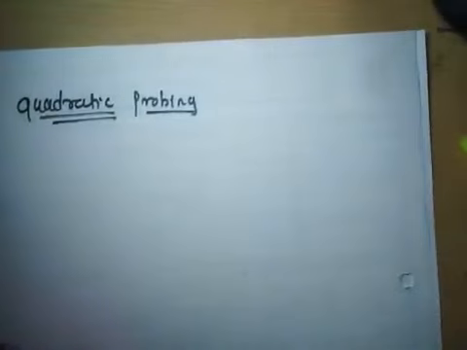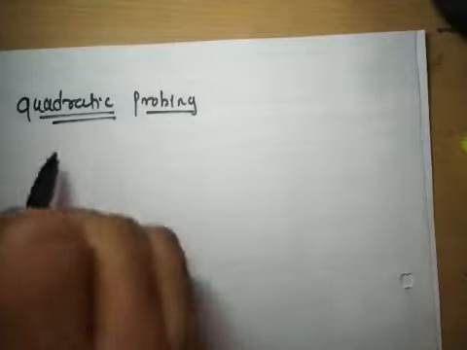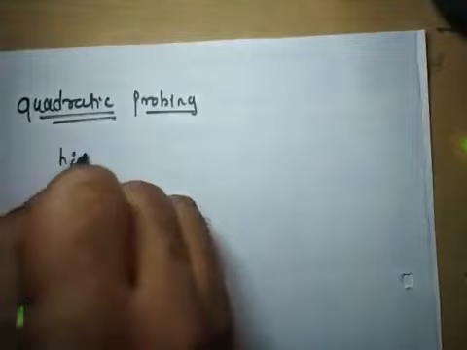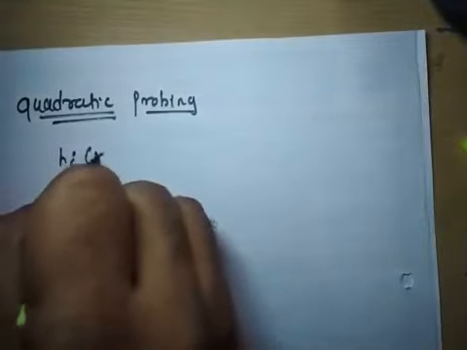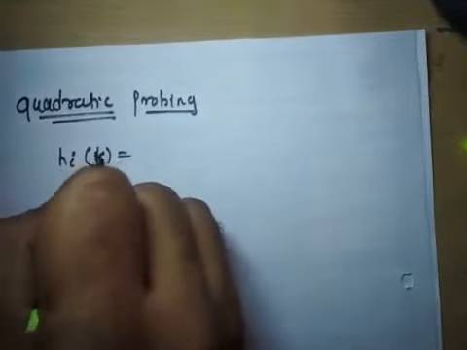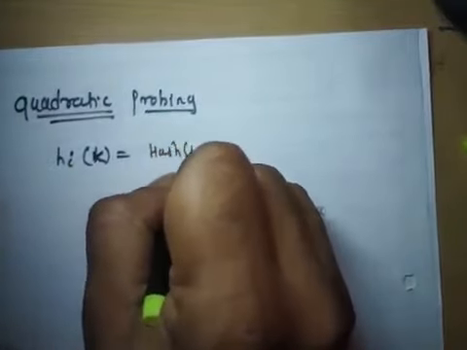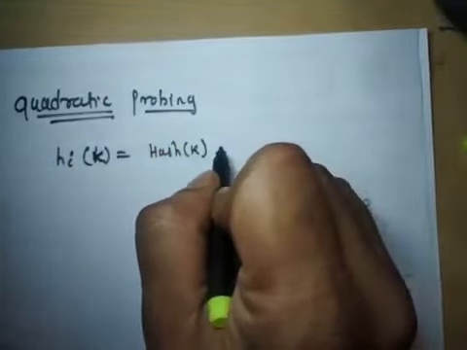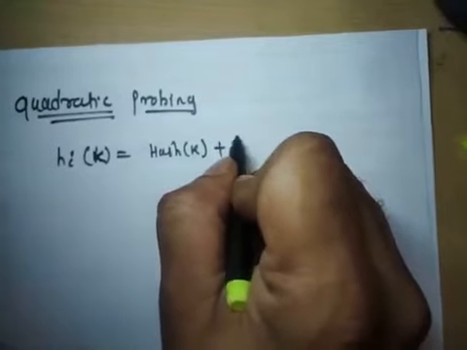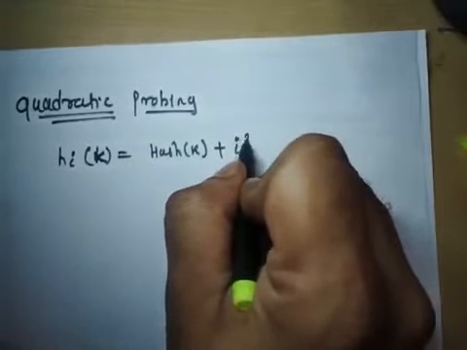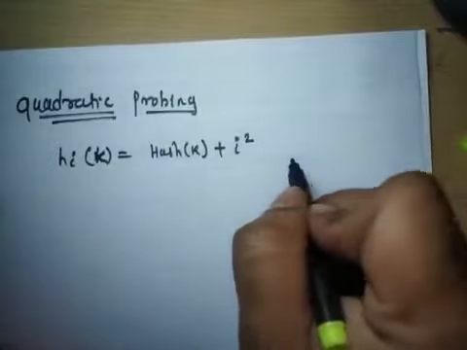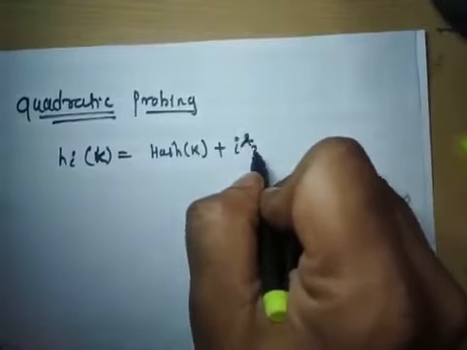So basically in quadratic probing we are using the hash function h of i for the key value k, which is equal to the hash function for that k plus i square, i raised to 2.